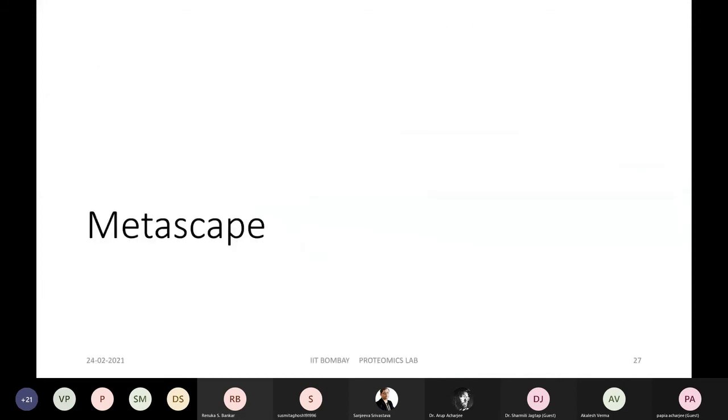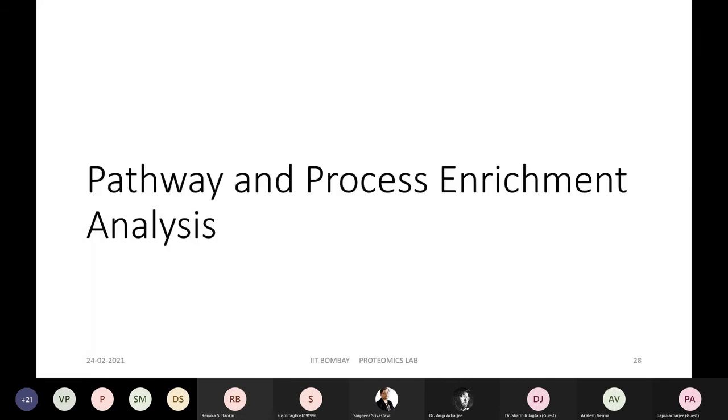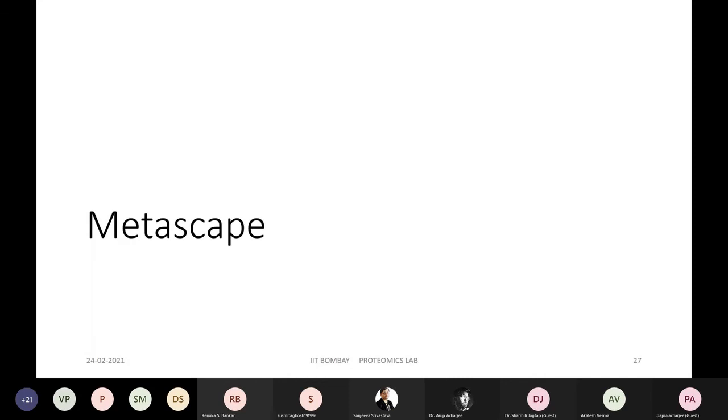So coming to Metascape, what Metascape does is it's a meta-analysis software. You have multiple pathway enrichment tools, and an ideal condition would be that you take all these tools together and analyze a single data set. That would give you a much more robust, holistic view. So Metascape does the same thing.